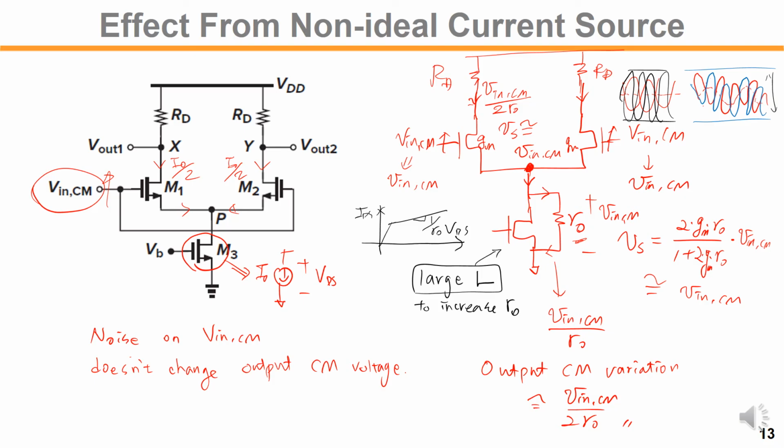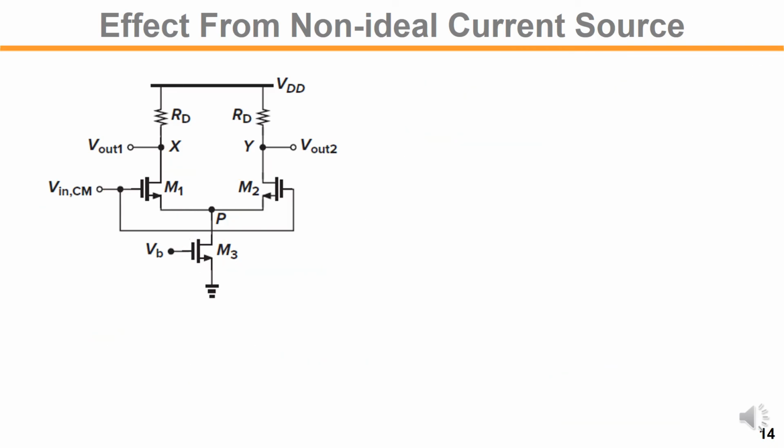So if you have a large RO, then you will get less current variation, here and here, right? So that would be delta I. So we don't want that current variation to happen. Okay. So with the finite RO, we have the common mode variation happen.